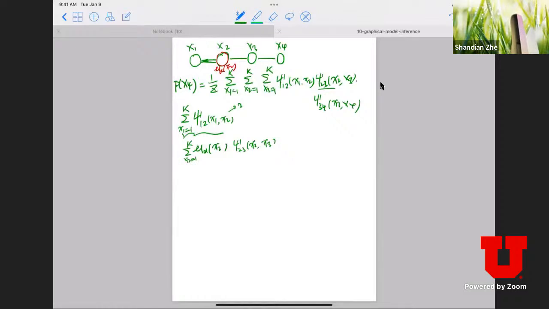So what's the benefit of doing this? What's the benefit of first doing this inner-level summation over x1, then taking this intermediate result and multiplying it with the next potential function psi23 and marginalizing over x2? That's the benefit.